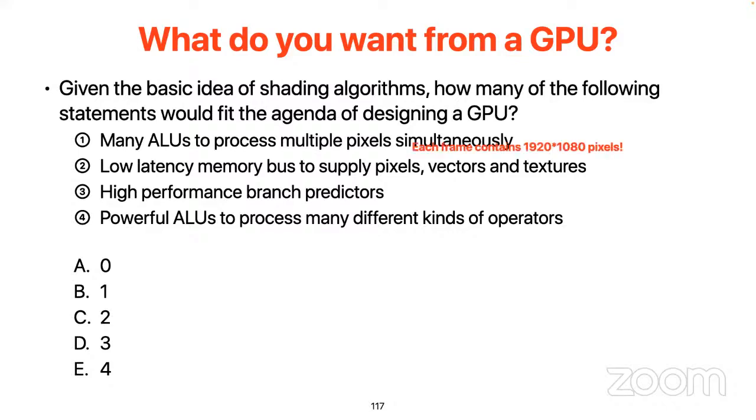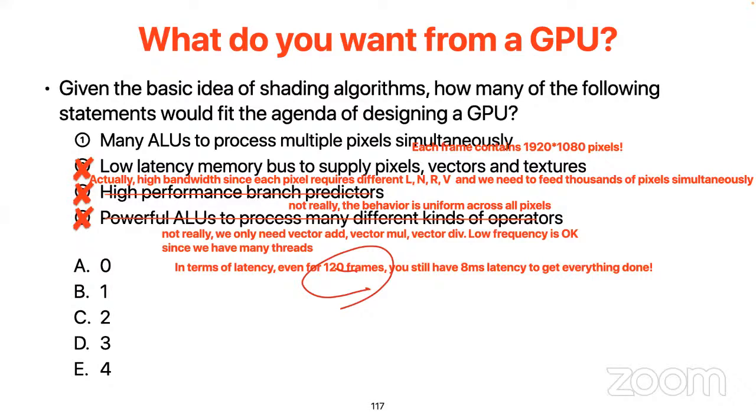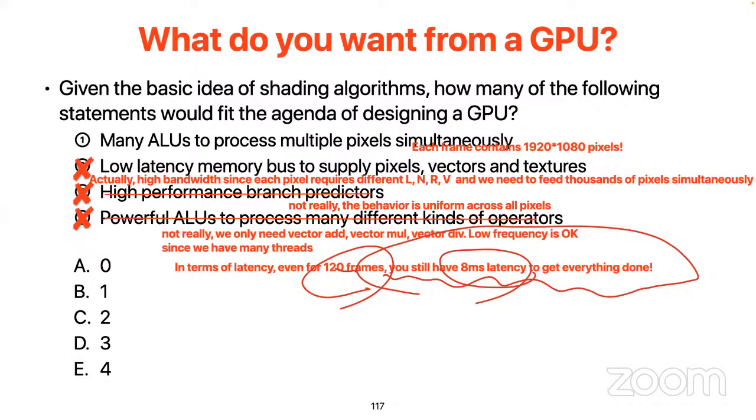And the other thing is, GPUs are called GPUs because they are designed for graphics. And even with 120 frames, you can still think that I can tolerate like 8 milliseconds of latency, right? However, if you think about microprocessors, we are talking about nanosecond scale latency.